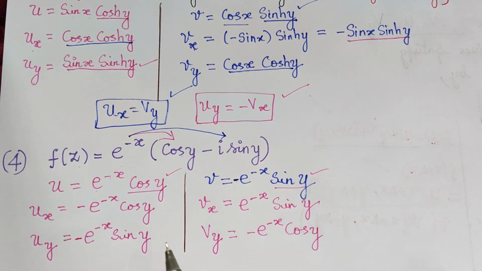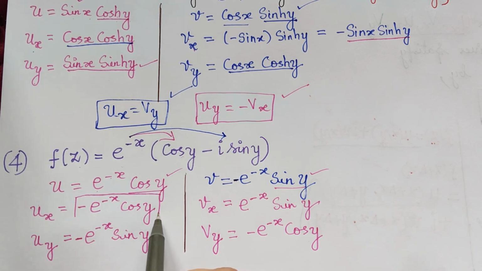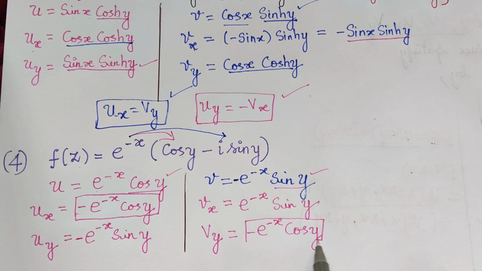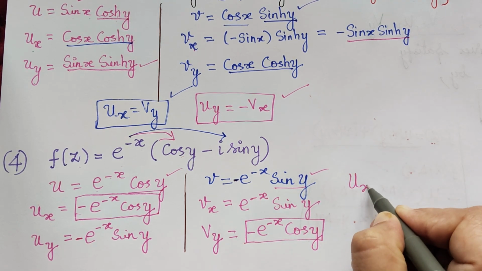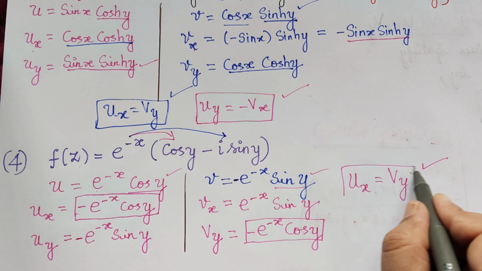Now we shall check whether they satisfy the CR equations. We see that ux is equal to minus e power minus x cos y, and vy is also the same. Therefore ux is equal to vy. The first equation is satisfied.